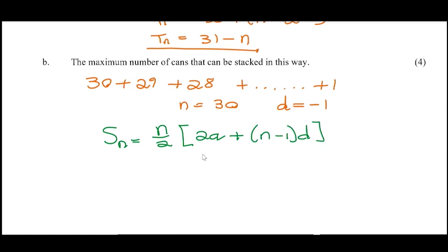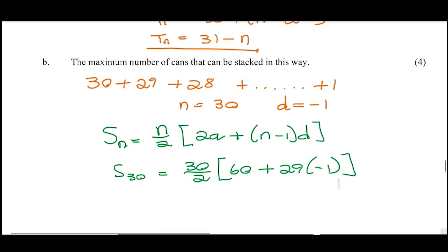What I get for the sum of 30 is 30 over 2, 2 lots of A is going to be 60, and 29 lots of minus 1. Again, we can pop all that into a calculator, and we get a total of 465 tons. Sorry, 465 tons.